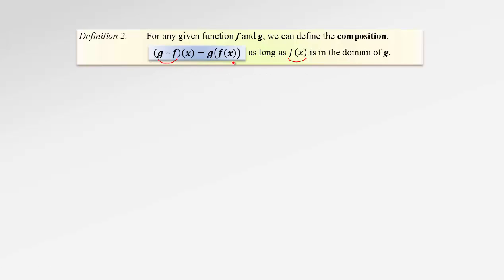Generally, the domain of the composition of two functions is not so obvious. However, since we are talking about very special, very nice functions, polynomial functions, we don't have any trouble, and the domain of any composition of two polynomials is all real numbers.